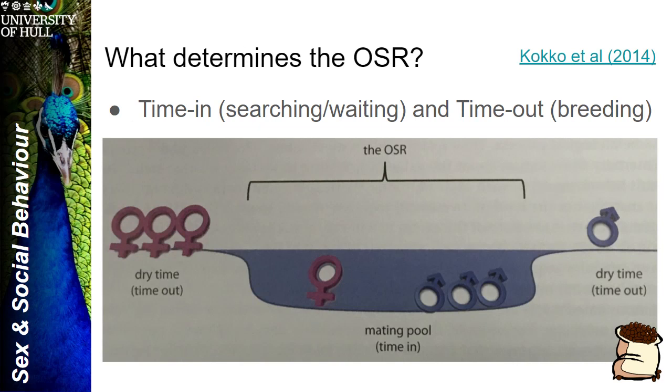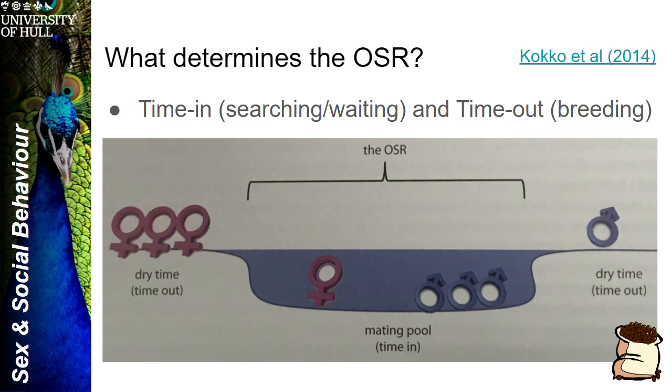What factors contribute to the operational sex ratio? Well, I'm jumping ahead a little bit to this Coco et al. paper, which we'll go over a little later, but they have a lovely figure. One key feature here is time in versus time out.